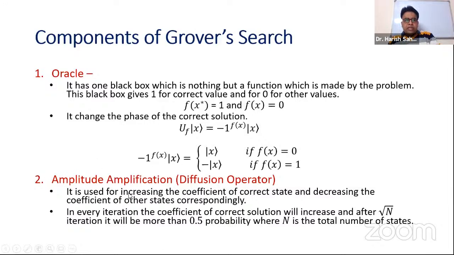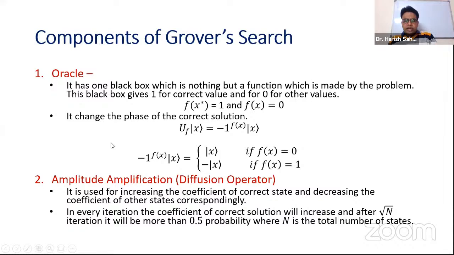But the second operator, amplitude amplification, which is part of this Grover operator, tries to increase the probability of this desired state. How it does this, we will see geometrically and with an example also. So this Grover operator has two operators: one just changes the sign of the desired state, and the other tries to increase the amplitude of the correct state.